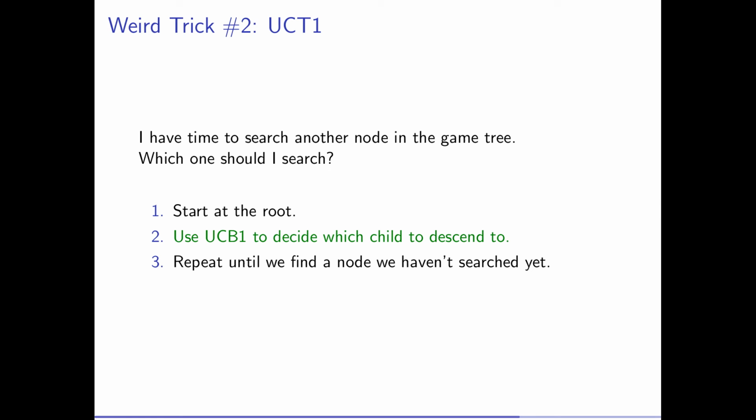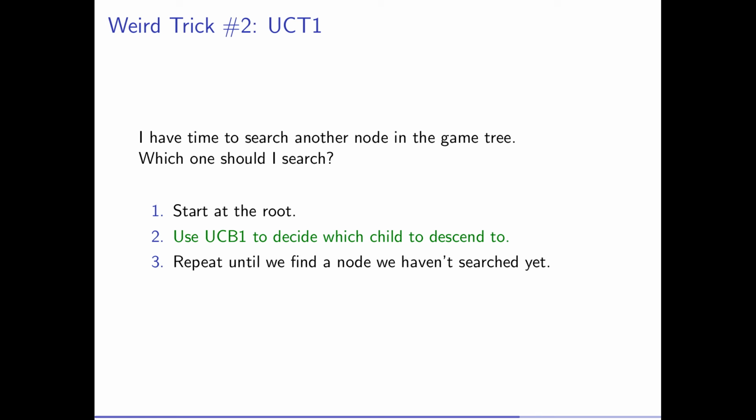Okay, so this is weird trick number 2, and so now I'm going to tell you how to tie multi-armed bandit problems into our tree search. So the situation we're in is we have spent some time expanding some part of the tree.